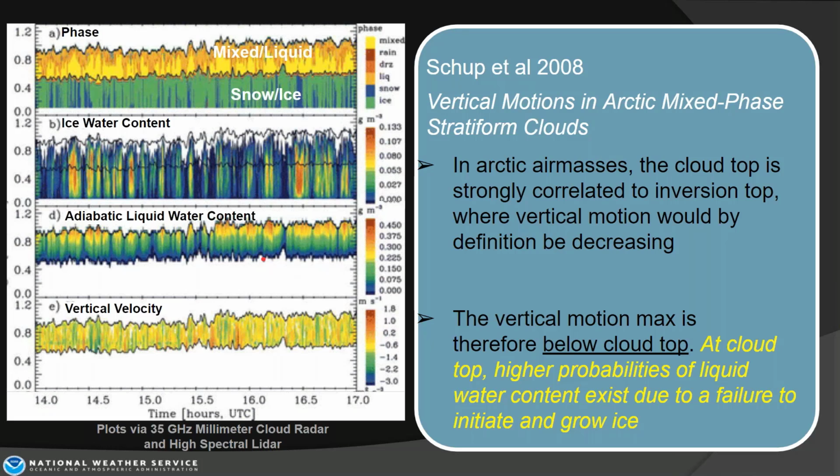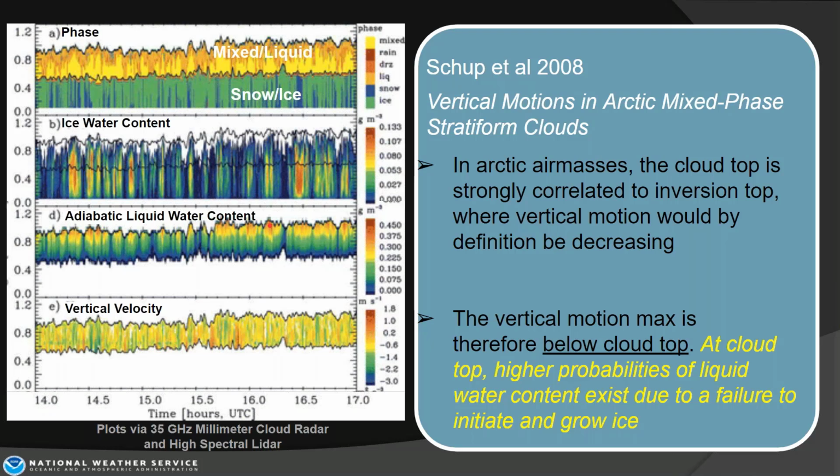You have supersaturation over ice at lower portions of the cloud, and therefore you get ice nucleation below the cloud top. And at the cloud top, where theoretically you're not seeing the saturation as much because the vertical motion is dropping off, you tend to be dominated by just supercooled liquid droplets, or possibly drizzle droplets if they grow a little bit.